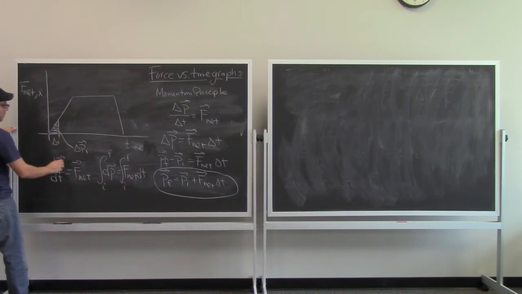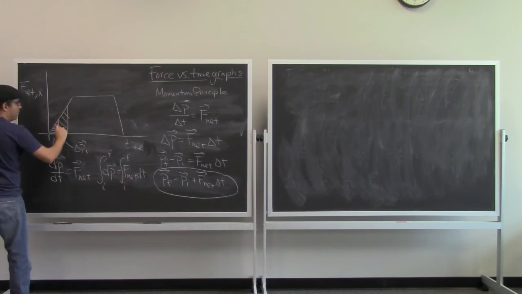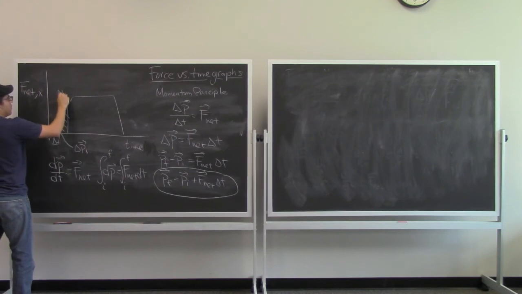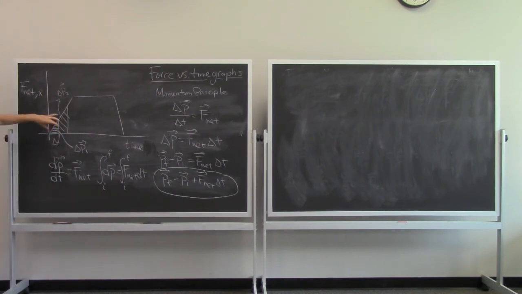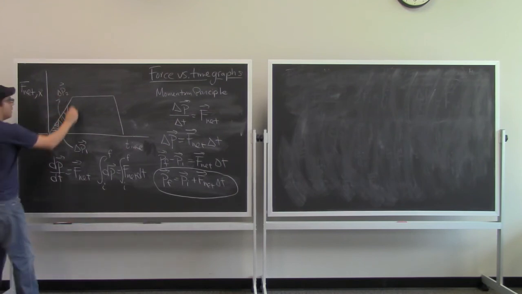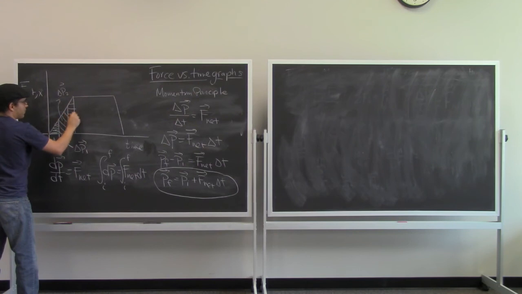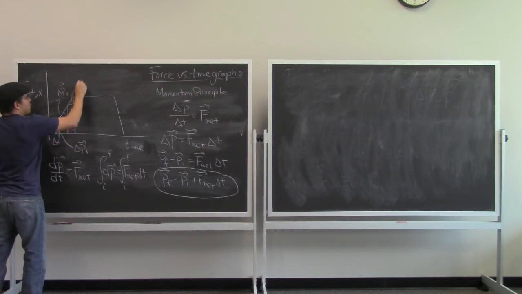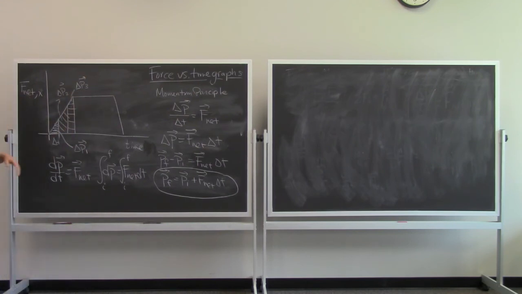We can do that continuously, so we can go take another time interval. We can cut that up. And this is a new delta p. It's whatever the delta p is for this time interval with this net force acting. And we can continue to do that for each delta p.